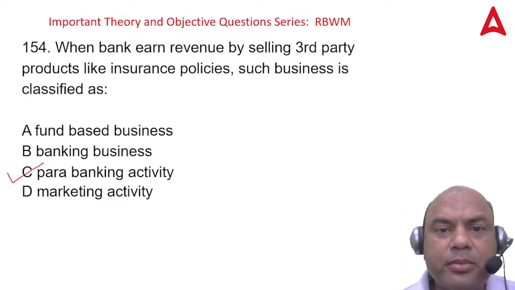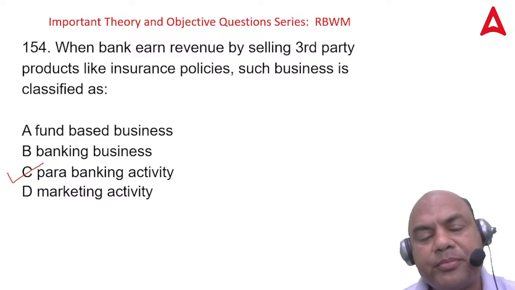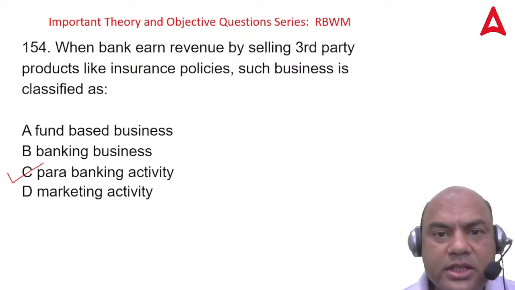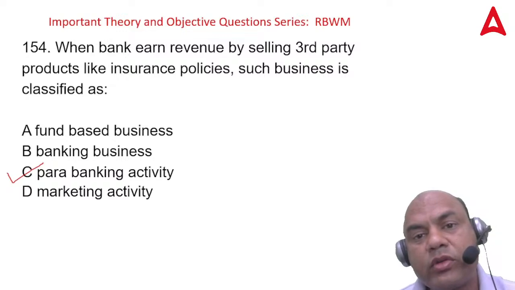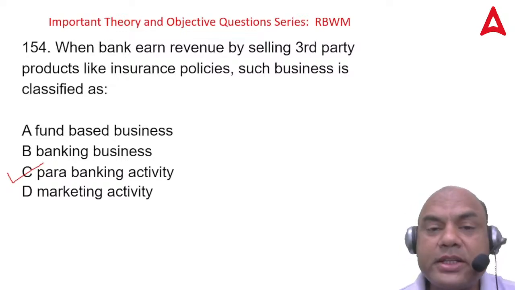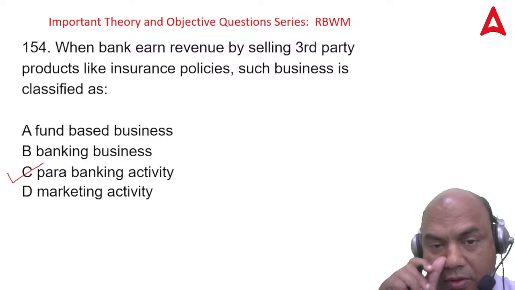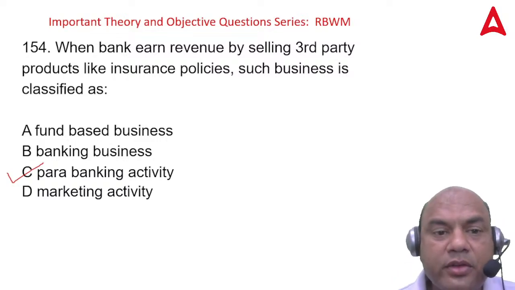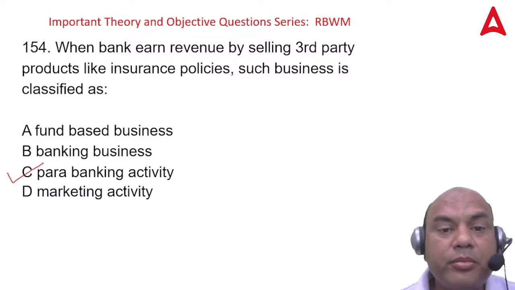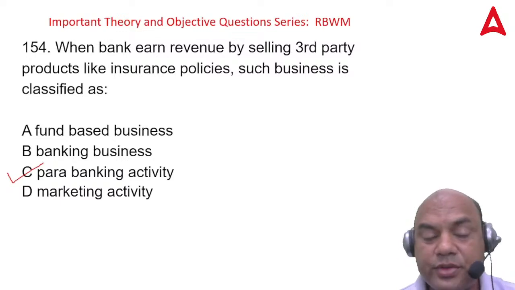Write two third-party products which you sell. One is insurance. Second one, what do you sell, guys, generally? In the comment section, do type. You sell insurance and mutual funds, correct? So that is para-banking.